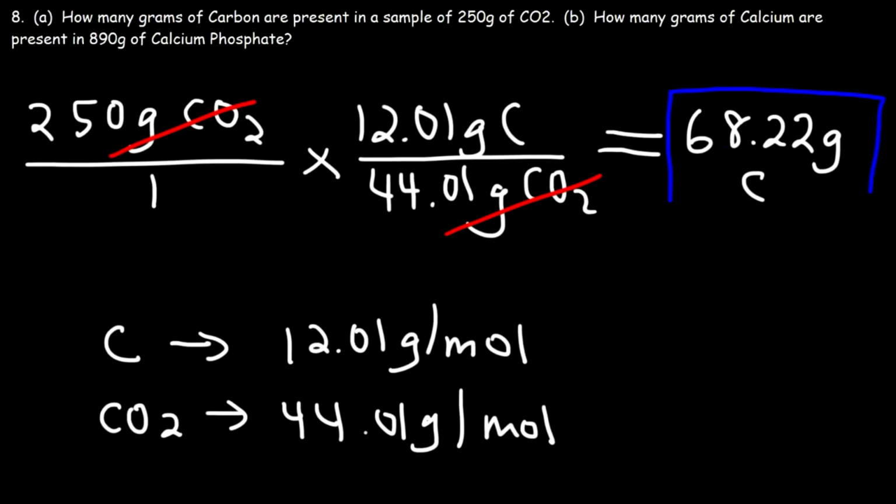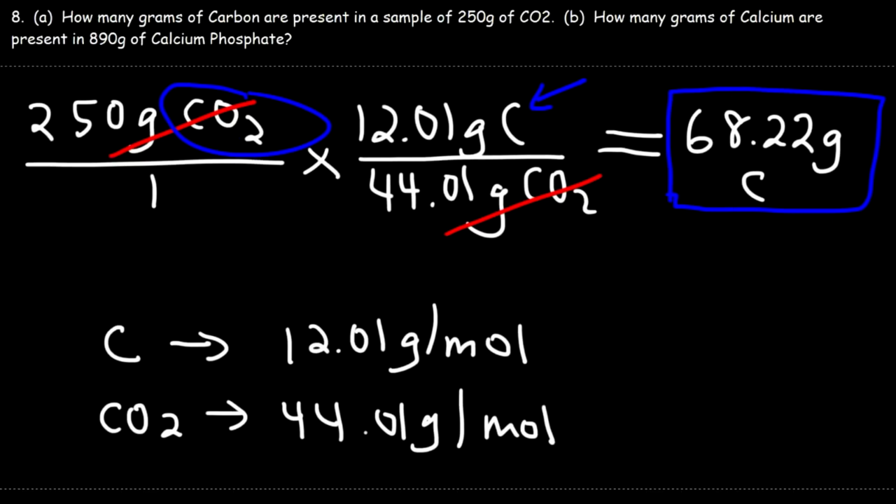And so that's how you can do a simple gram to gram conversion if you're trying to find the grams of an element within a compound. For other scenarios, when you're dealing with balanced chemical equations, this technique won't work. So just keep that in mind.